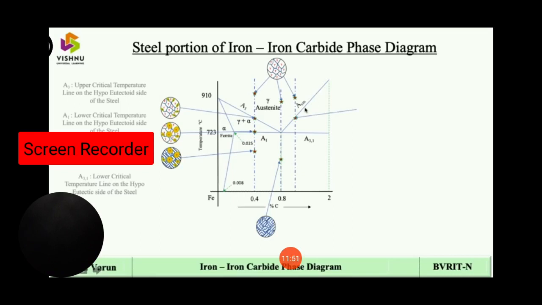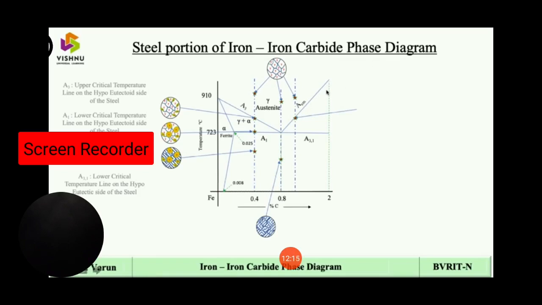Here we have already reached the eutectoid composition that is required to form the eutectoid reaction, and carbon is in excess now. Whatever is in excess, this line will represent a saturation limit. That is, above the line you have unsaturated carbon dissolved in austenite.